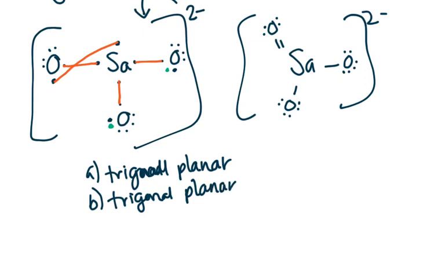They're all bonds, so those match. The bond angle for trigonal planar is 120 degrees. The hybridization for 1, 2, and then 3 things is sp squared, so 1 s orbital and 2 p orbitals hybridized to make an sp2 hybridized orbital.